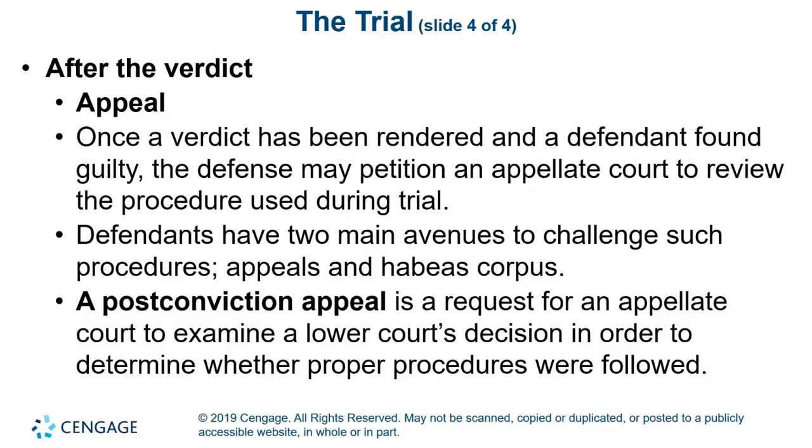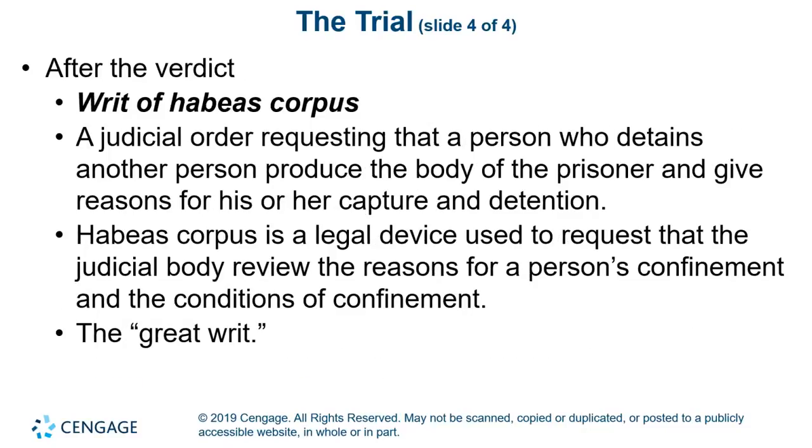A post-conviction appeal is a request for an appellate court to examine a lower court's decision in order to determine whether proper procedures were followed, and a writ of habeas corpus is a judicial order requesting that a person who detains another person produce that individual and give reasons why they're continually being detained.